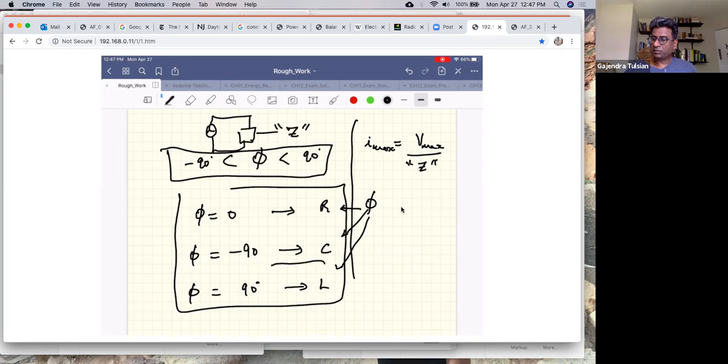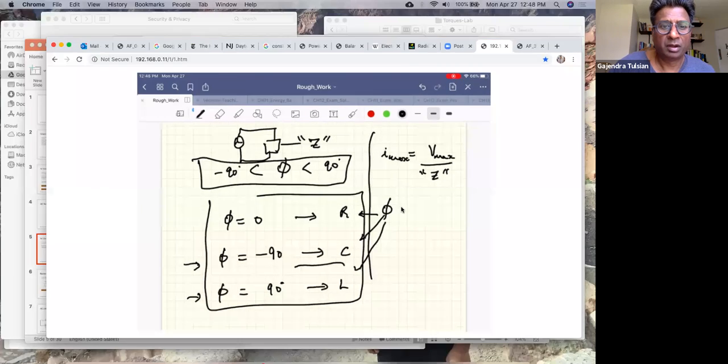If the phase shift were either minus 90 or plus 90, no energy is being dissipated in the circuit, meaning it's not cooking anything. For instance, your toaster doesn't have plus or minus 90, your dishwasher doesn't have plus or minus 90. Anything that does work cannot have a plus or minus 90 degree phase shift.